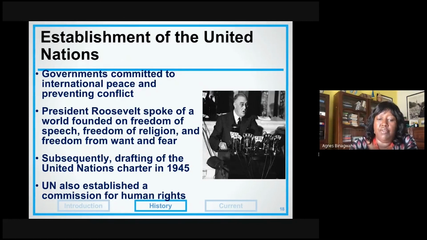And government committed to international peace and to prevent conflict created across the world, founded on freedom of speech, freedom of religion, freedom of faith. The United Nations Charter was drafted in 1945 and a Commission of Human Rights was established in the UN.